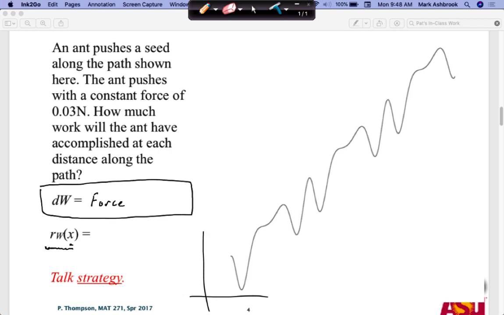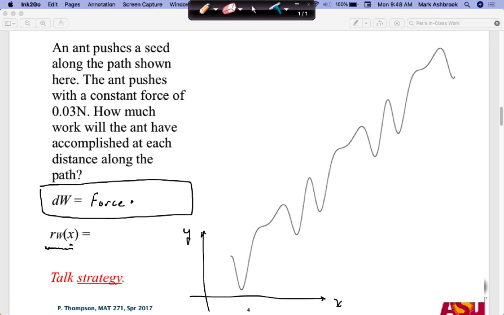We're going to think about this in the coordinate plane, so we're going to have to model this path using coordinates, with x and y coordinates. And so what is distance? If work is force times distance, a little bit of work is a little bit of force times a little bit of distance.